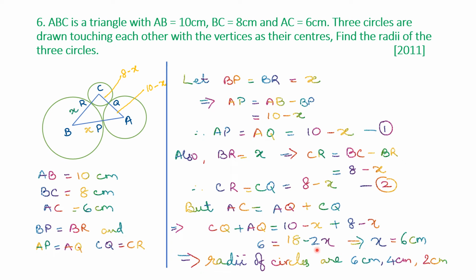And therefore, I am getting X is equal to 6 centimeters. If from 10 I remove 6, I'll get AP is equal to 4 centimeters. And in the same way, I'll get CQ is equal to 8 minus 6, equal to 2 centimeters. That is, the radii of the three circles are 6 centimeters, 4 centimeters, and 2 centimeters.